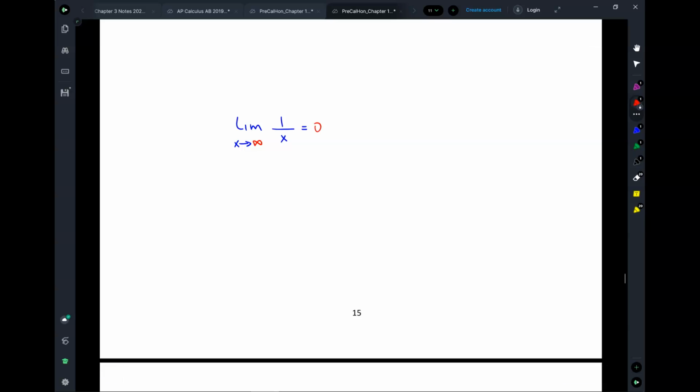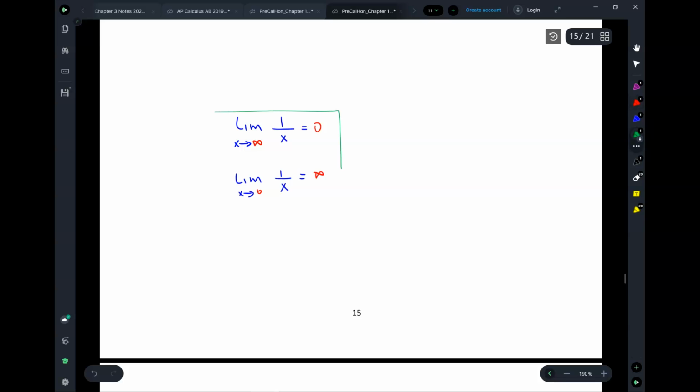If you have one pizza and you're dividing it among a group that's getting bigger and bigger, everybody's going to get 0. Okay? The limit of 1 over x as x approaches 0 is infinity. Okay, you've got to say this with your evening prayers every day.